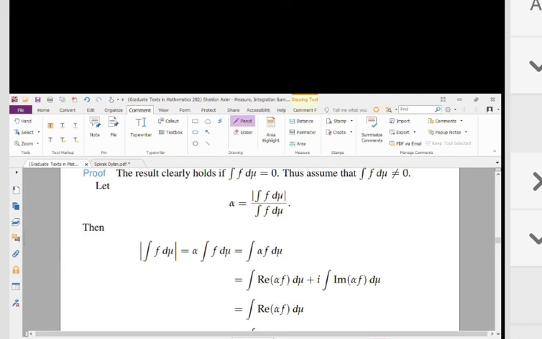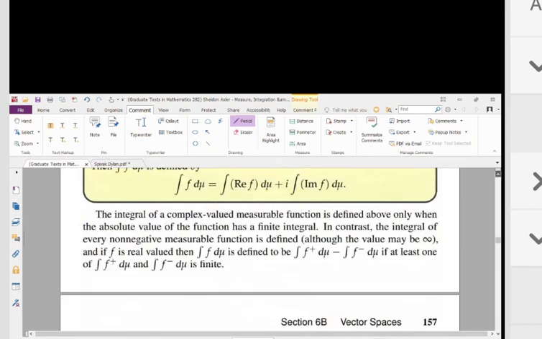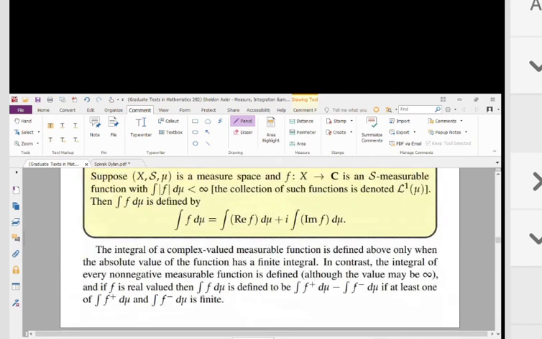It's very trivial. And we can move alpha into the integral, and the integral of this function equals the integral of the real part plus the imaginary part of this function, okay? By the definition of the complex valued integral, the integral of the real part plus the integral of the imaginary part.